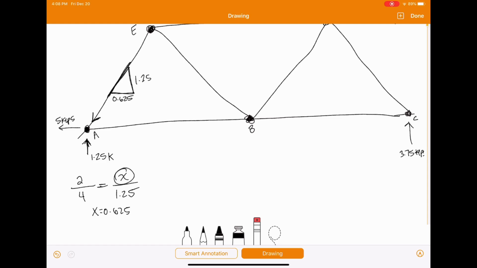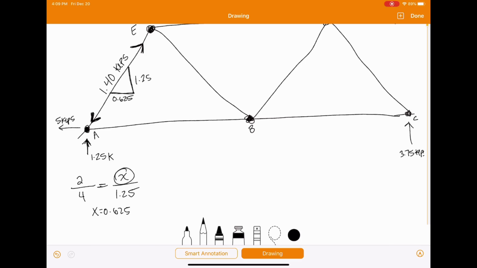Then you can just use the Pythagorean theorem to solve for the force in the member. So you're going to do the square root of 0.625 squared plus 1.25 squared, which ends up being 1.40 kips. All right, now, so we have this arrow coming down here, and so we know that this arrow up here has to also be pointing away.